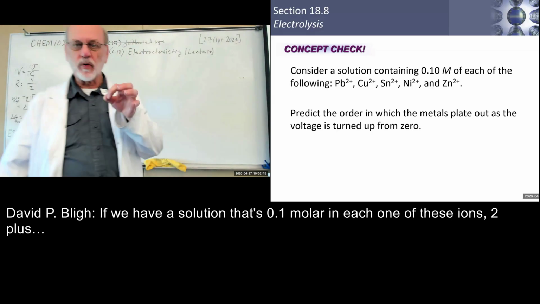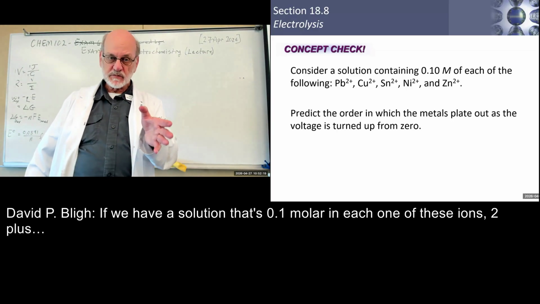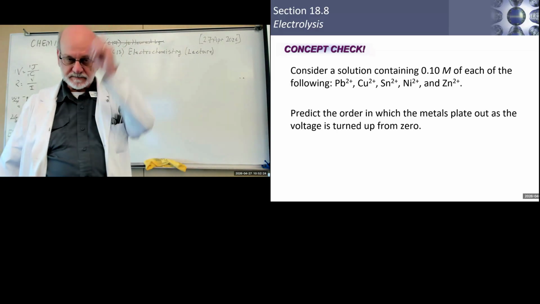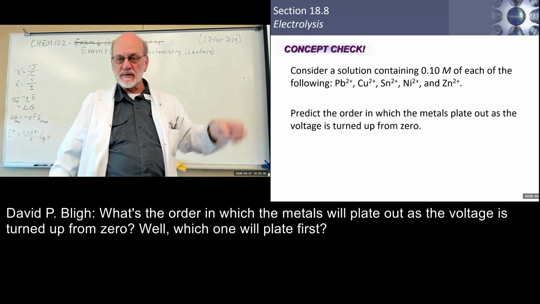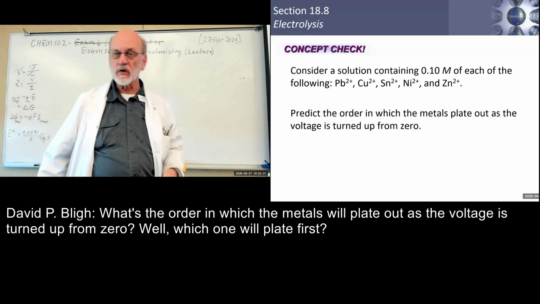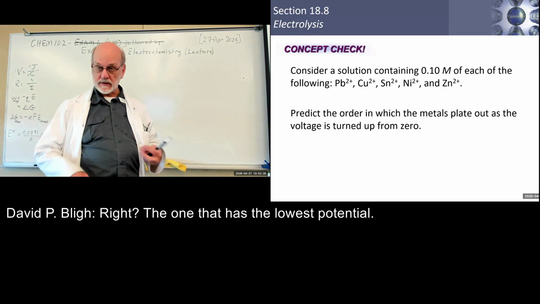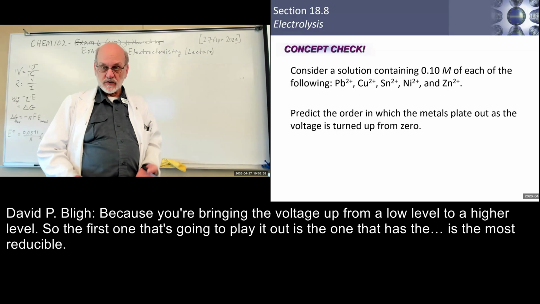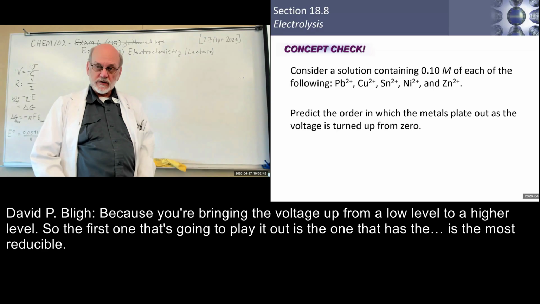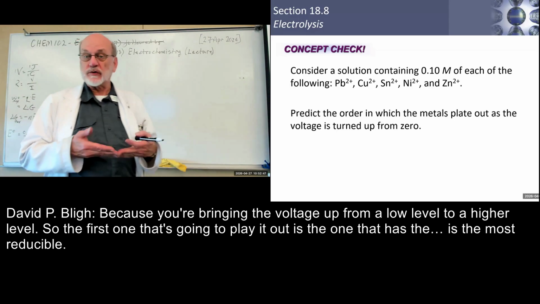If we have a solution that's 0.1 molar in each one of these 2+ ions: iron, copper, tin, nickel, and zinc, what's the order in which the metals will plate out as the voltage is turned up from 0? Which one will plate first? The one that is the most reducible.